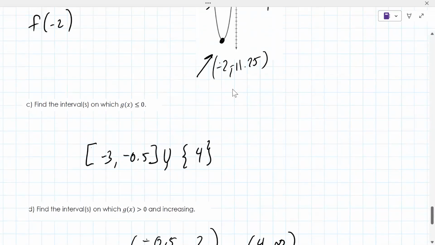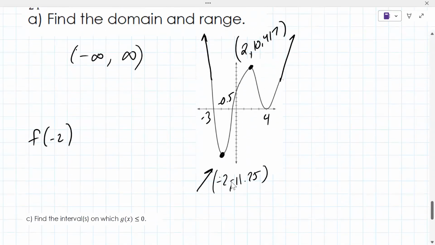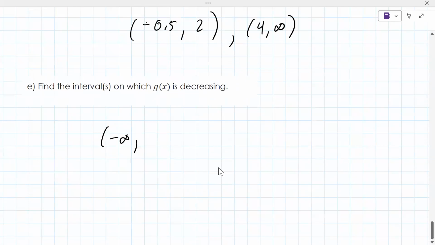I've already got that in the graph here, but it's at -2 as the x value. So -infinity to -2, and then from 2 to 4. Got it.